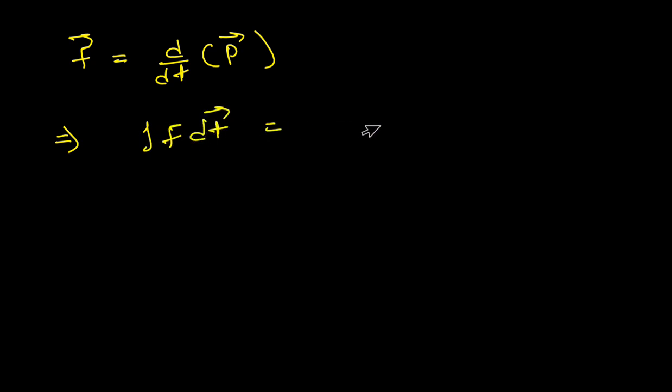Now let's see how we can obtain Newton's third law of motion from second law of motion. So as we know from impulse, force is equal to rate of change of linear momentum, that is dp by dt, and from this we just obtained in impulse section that this is equal to f dt and dp.